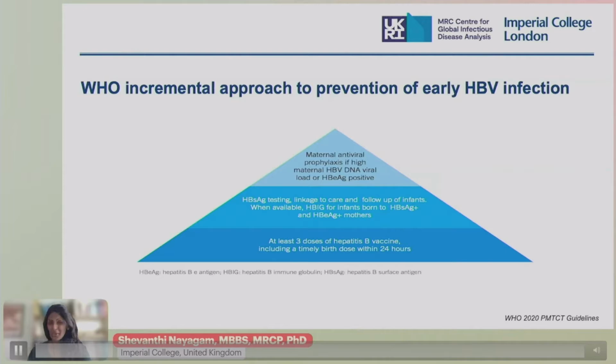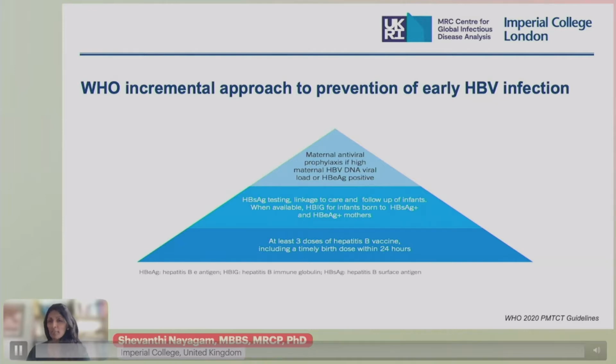This is a WHO incremental approach to prevention of early hepatitis B infection. And the foundation and the cornerstone, as we all are aware, is at least 3 doses of hepatitis B vaccination, including a timely birth dose within 24 hours. Then they suggest hepatitis B surface antigen testing, linkage to care and follow-up of infants, and HBIG when available.